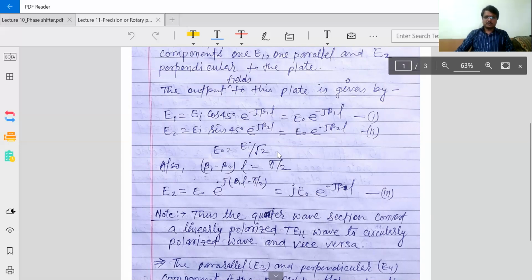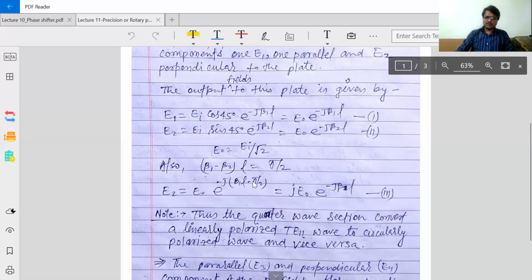How? Let us suppose beta 1 L minus beta 2 L is equal to pi by 2. So beta 2 L will be equal to beta 1 L minus pi by 2. So we'll put here, in place of beta 2 L, beta 1 L minus pi by 2.